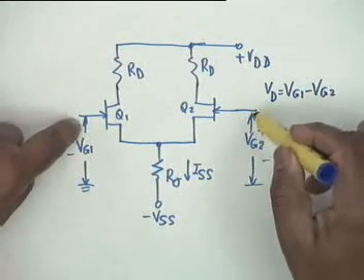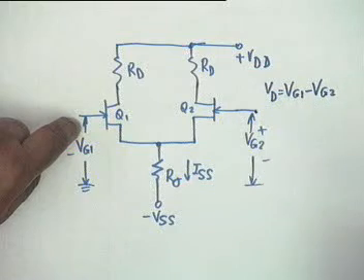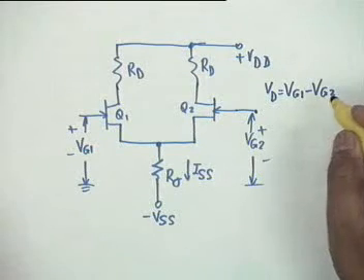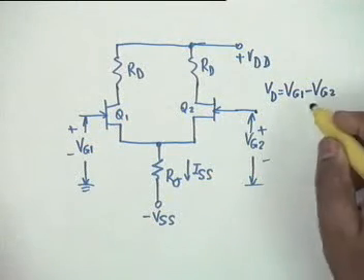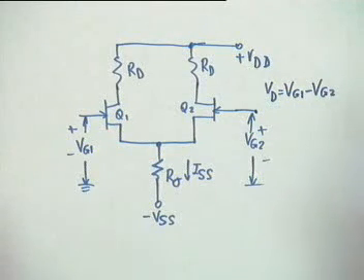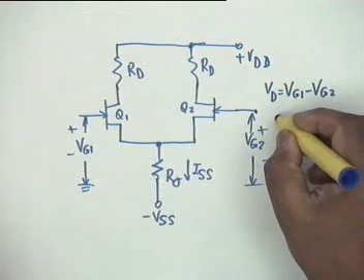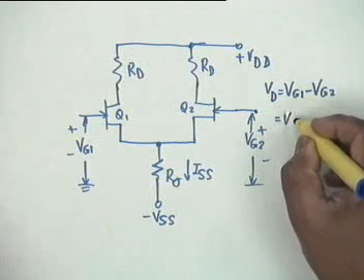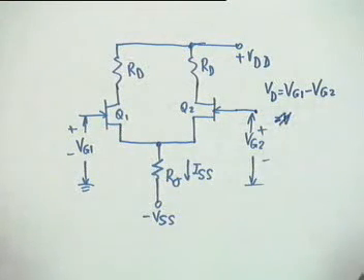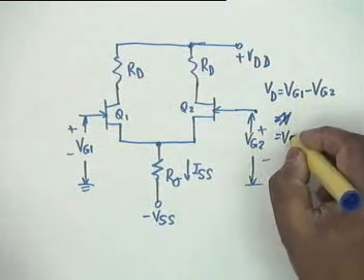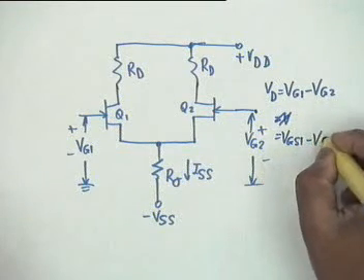It is the difference voltage applied between these two terminals, and as we did with the BJT amplifiers, in the FET also we find this difference VG1 minus VG2 is, I beg your pardon, simply VGS1 minus VGS2.